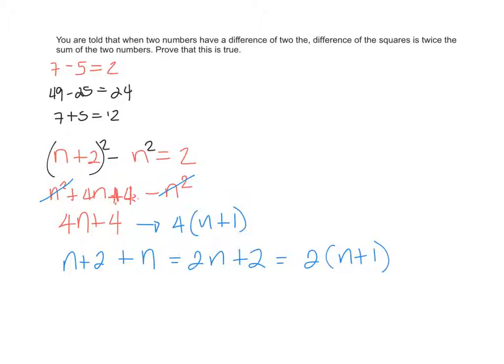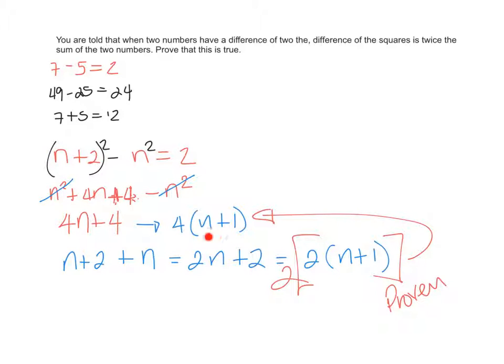Now if you look at it very carefully, you're going to notice that this is double that. So if I were to multiply this by 2, I will get that answer there. So this is now proven, to show that double the sum gives you what I would get for the square difference. Okay, and that's how you prove a problem like that.